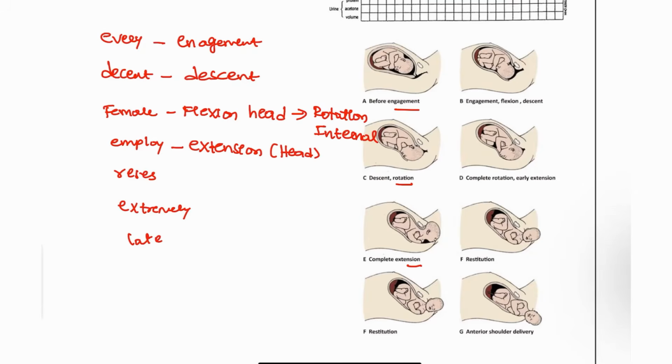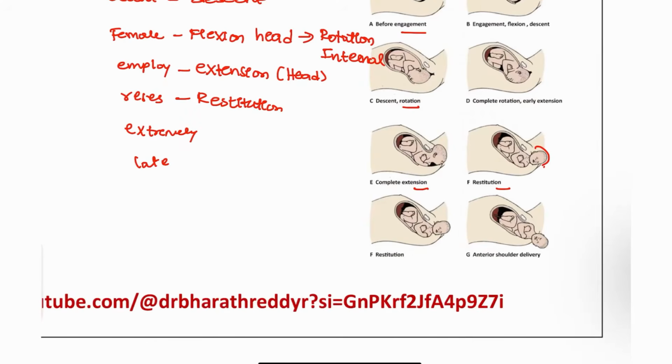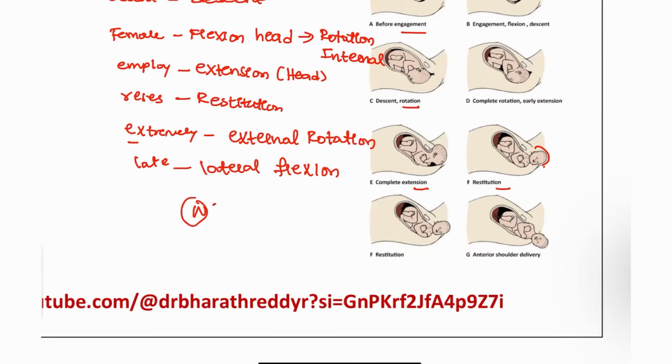Next, rises means restitution, so the head comes back to the normal position, turning to normal after the extension. Next, extremely: external rotation. And next, lateral flexion. These are the cardinal movements seen in normal delivery.